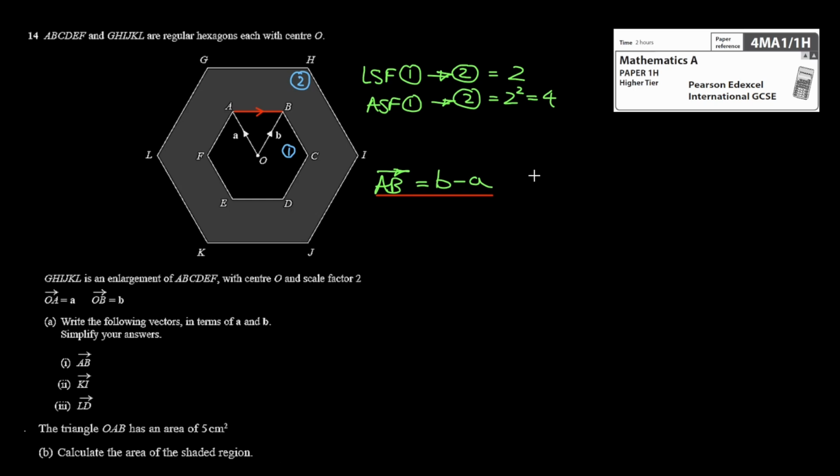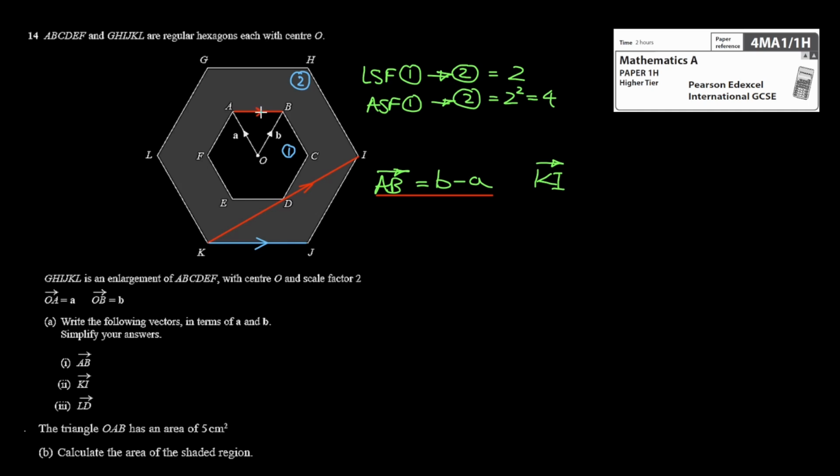Our next vector they want us to do is KI, which is this vector here. So somehow we're going to have to bring our vectors together so that we can do our journey from K to I. Well, we've just worked out a horizontal vector going in this direction, which will be parallel with the vector KJ.